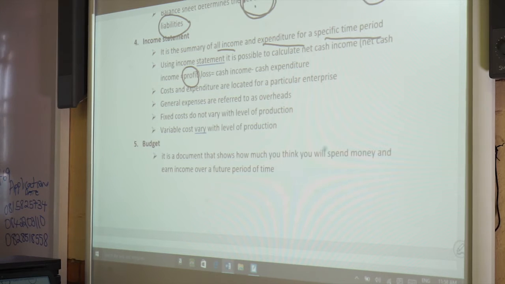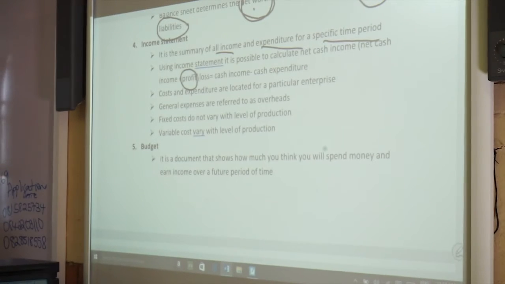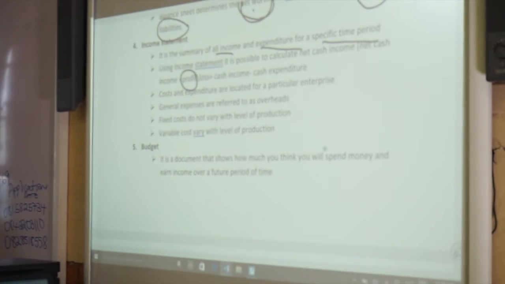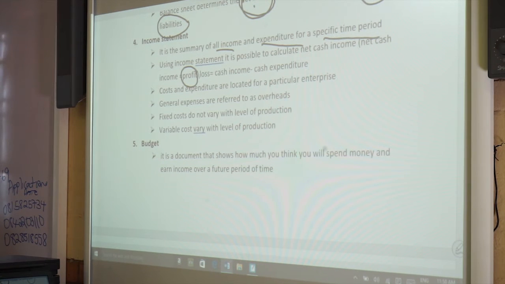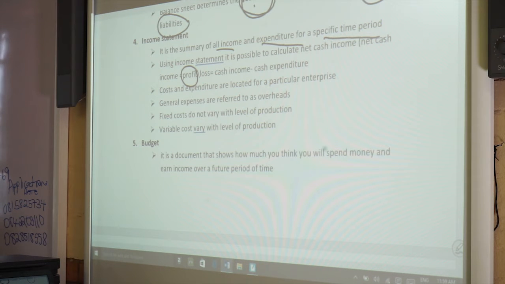And here in the income statement, we don't speak of assets, but we speak of the money that we have received from selling something. Like when you go to the income statement, we'll find us speaking of cattle sales. So from cattle sales, this is what we have received.